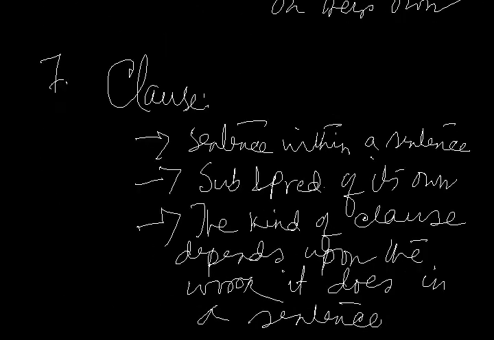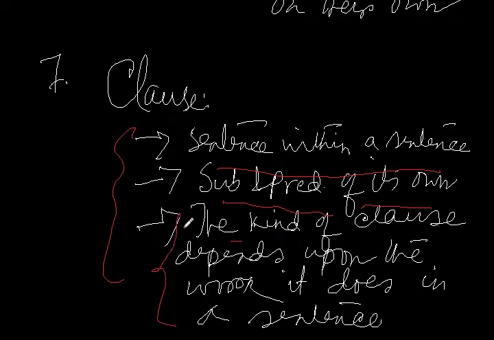So what a clause is, we define in this way. It's a sentence within a sentence. Where he lives has a subject and predicate of its own. And the kind of clause depends upon the work it does in a sentence. So you have to be very careful. The same clause can be used as a noun clause, an adjective clause, and also an adverbial clause.